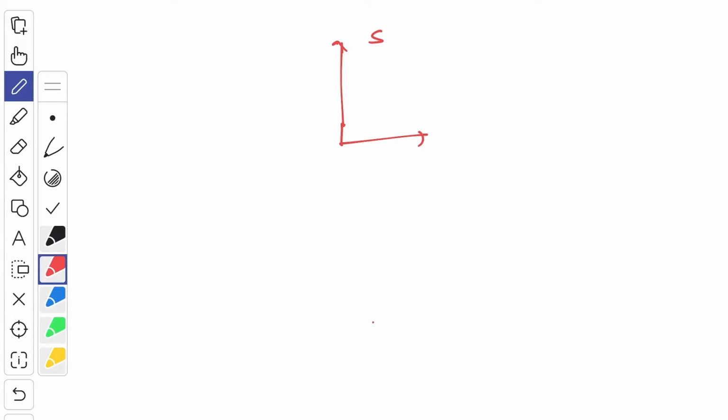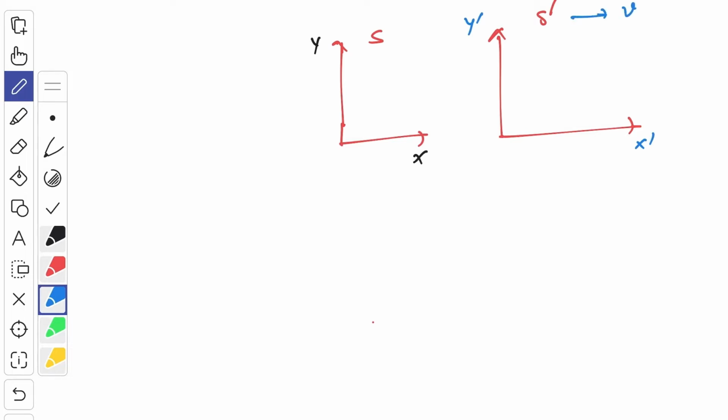This is S, with X and Y axes, and another frame of reference, S dash, with X dash and Y dash axes. It is moving with velocity capital V with respect to this frame of reference. This frame S dash is in motion, whereas S is at rest.